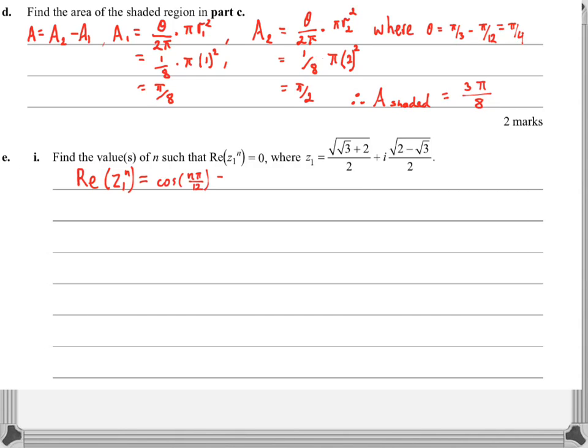First off, we're finding the real part of z1 to the power of n. Using De Moivre's theorem, the n just multiplies the argument, so n times the argument, and z1 is cis of pi on 12. The real part of cis of pi on 12 is cos. So the real part of the complex number is cos of n pi on 12, and we have to equate that to 0. So that's setting it up there.